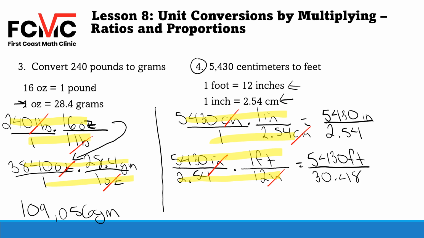When I divide 5,430 by 30.48, I get 178.15 feet. So I converted centimeters to inches first using multiplication, then I converted the inches to feet.